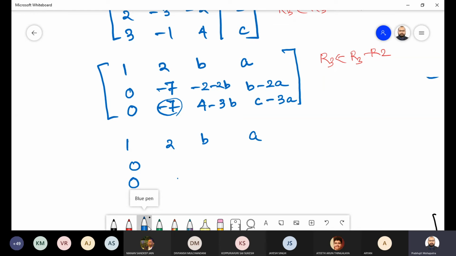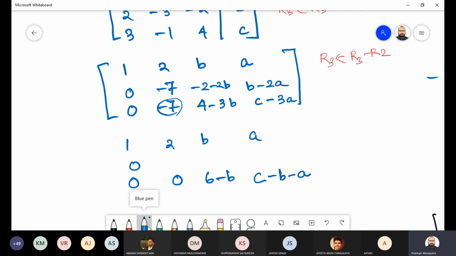So minus 7 is 0, 4 minus 3b, then plus 2, so that means it is 4 minus of minus 2, so it is going to be 6, then minus 3b plus 2b, so it is 6 minus b, and here minus 3a plus 2a, so minus a, so it is going to be 6 minus b minus a.